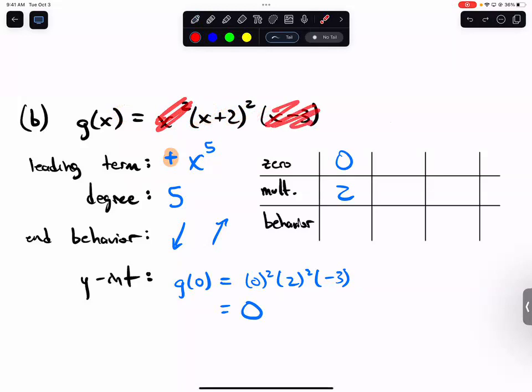Then -2 with multiplicity 2. And 3 with multiplicity 1 because that one shows up one time. No exponent written, so it's the understood or implied 1.